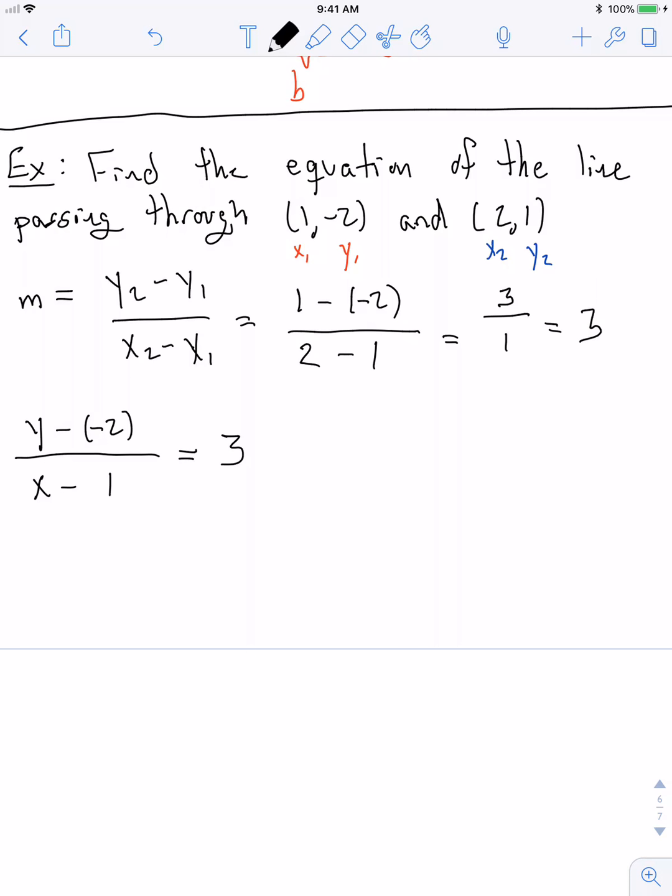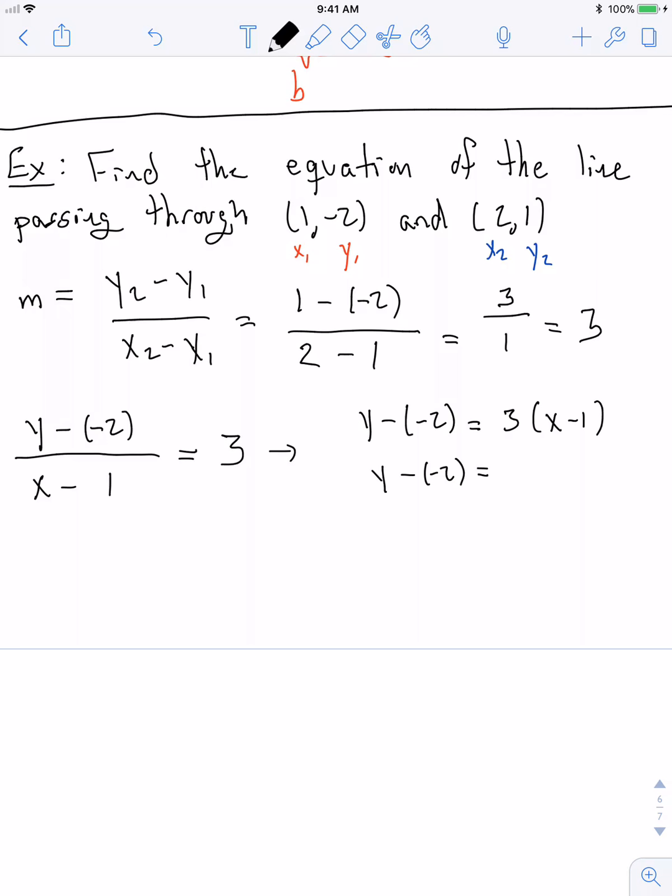So we again cross multiply the denominator, and we'll end up with y minus negative 2 is equal to 3 times x minus 1. The 3 will distribute to both the terms on the inside.